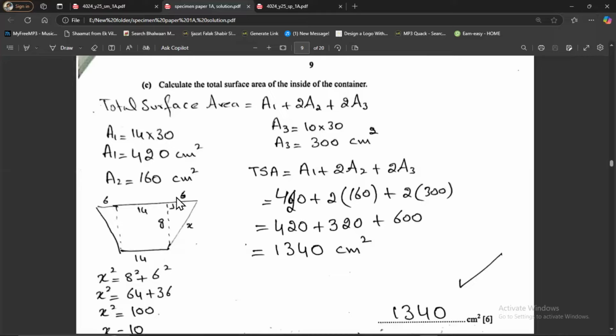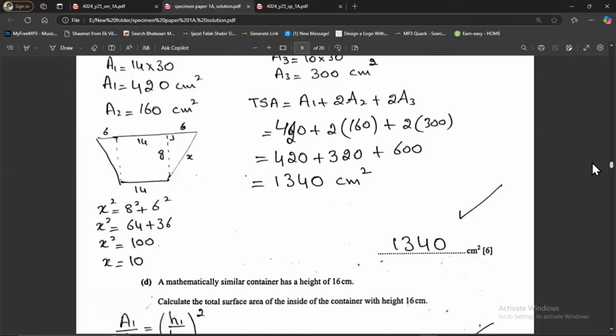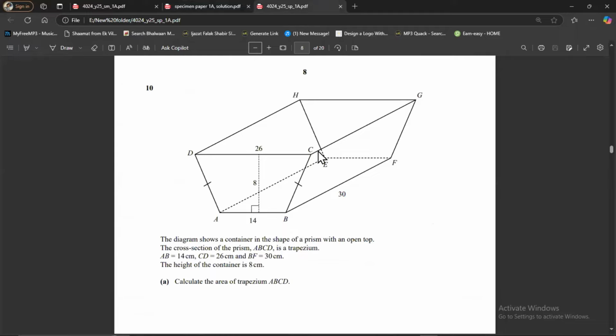Here I have drawn a perpendicular, so this is a right angle triangle. This is 6, this is 8, apply Pythagoras and you will get the value of x. The value of x will be 10. So when I apply Pythagoras on this, BC is basically 10.